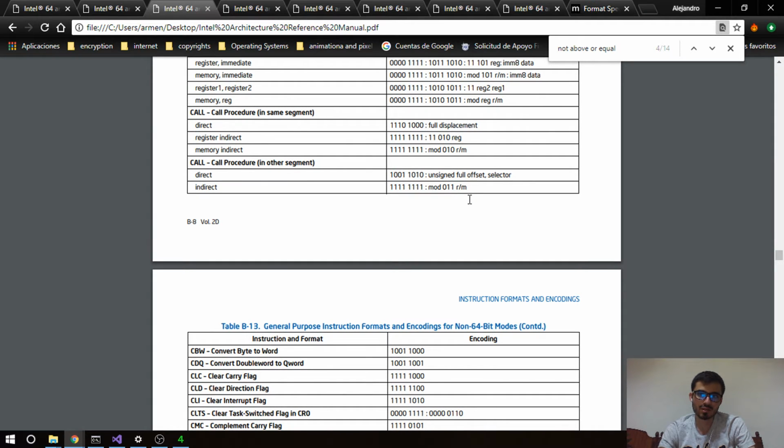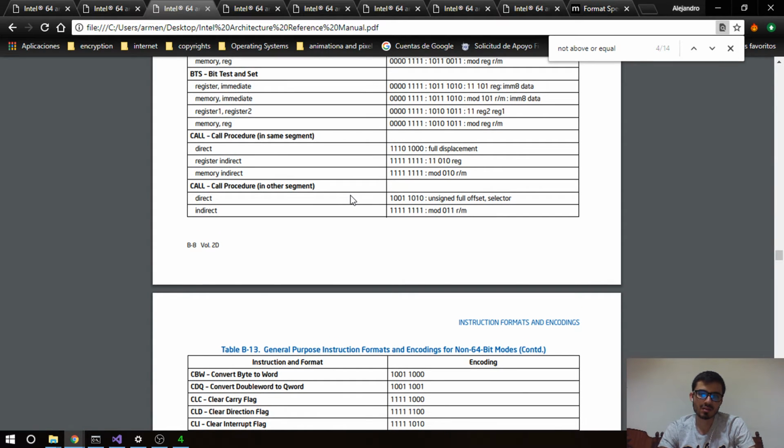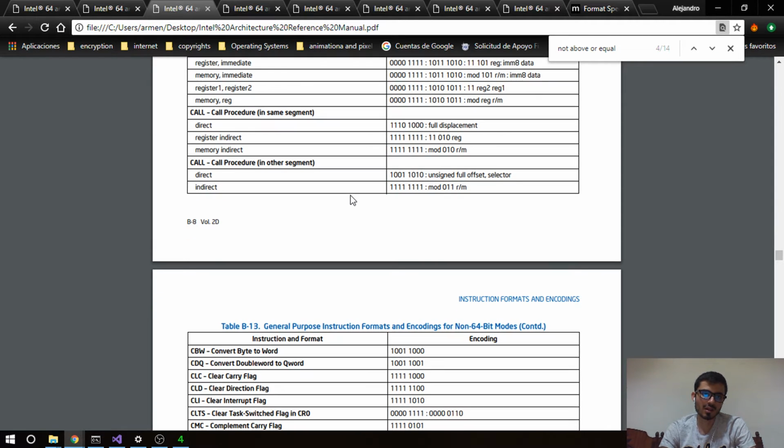If it's indirect, it's also in memory. It's a memory case. It probably is, because it cannot be a register, or probably could. I don't remember, but it has just two types: indirect or direct.